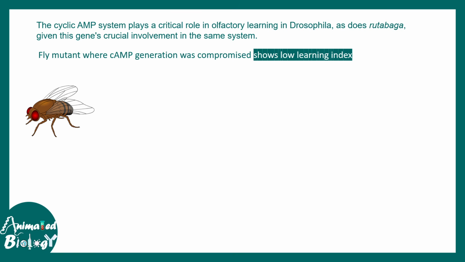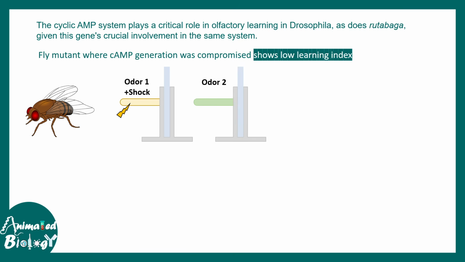It is shown that it is important for olfactory learning in flies. There are fly mutants known as rutabaga, where cyclic AMP generation was abrogated, and they have a low learning index in a particular maze. In this maze, they are given two odors.